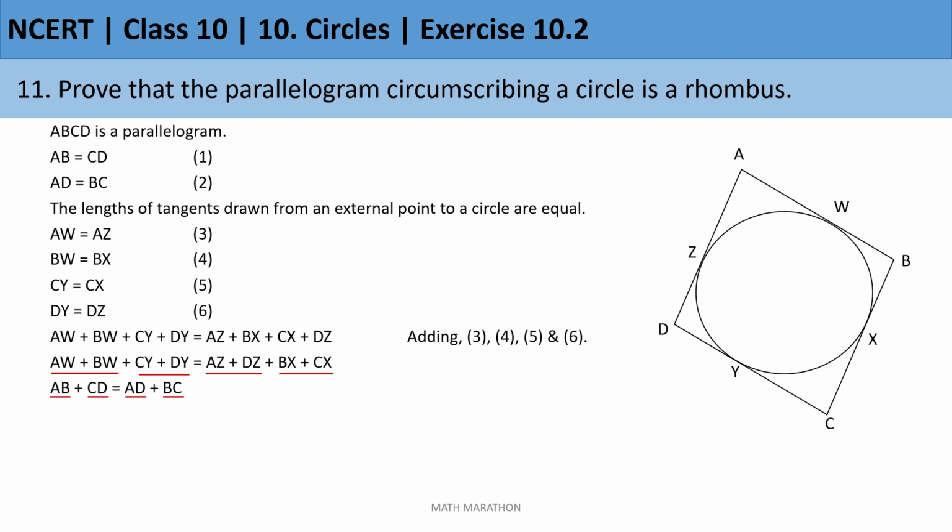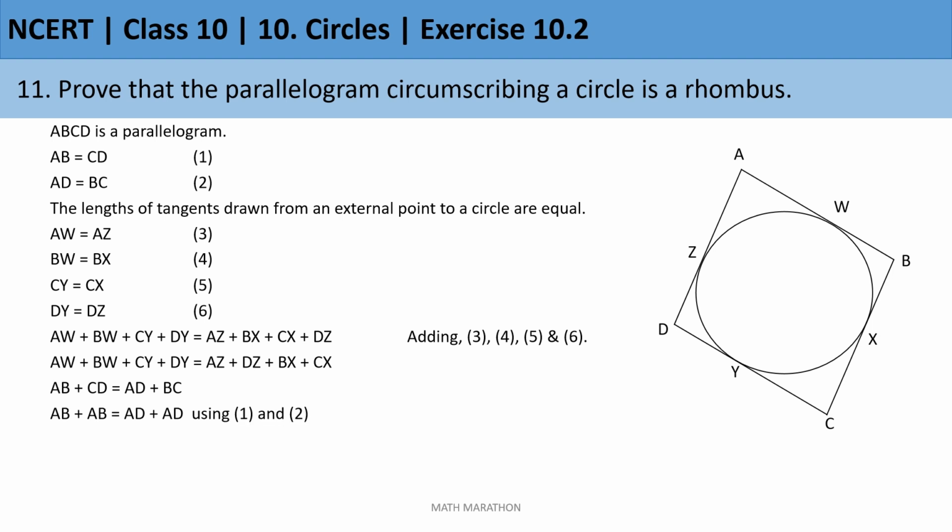AW plus BW is equal to AB. CY plus DY is equal to CD. AZ plus DZ is equal to AD. BX plus CX is equal to BC. AB plus CD is equal to AD plus BC.